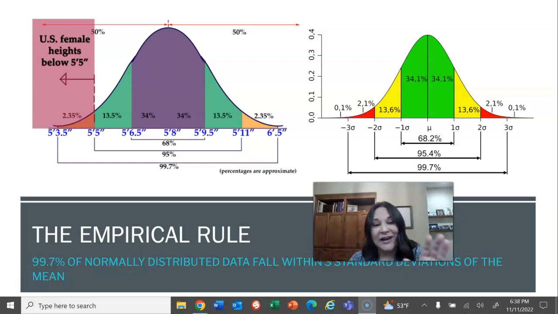Not me, right? Close. I'm close to the mean. I happen to be within 1 standard deviation away from the mean. But if you are below 5'5", then you are technically 2 standard deviations away from the mean and significantly short.